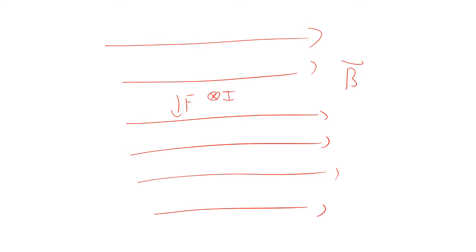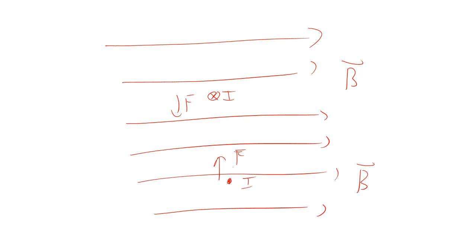So other options here: what if B is like that and we have a wire that's going inwards like that? In that case, by the right-hand rule, the force is going to be down. What if, on the other hand, we had I coming at us? In that case, the force is going to be up.